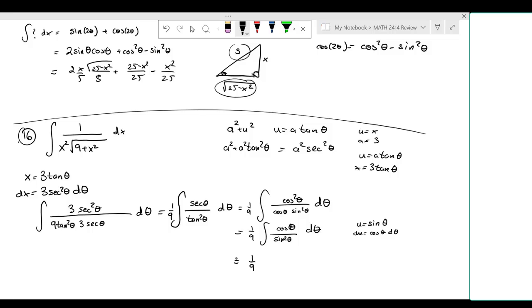So that becomes, okay. So what is u sine? Okay. So it looks like it's a negative 1/9 of cosecant theta.